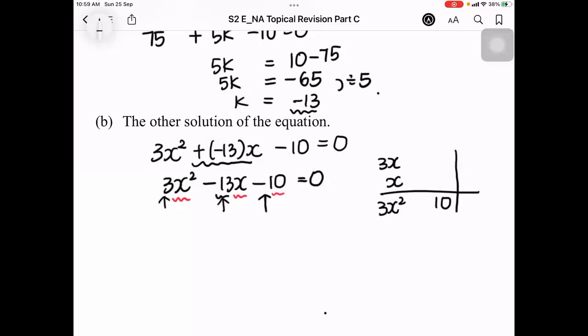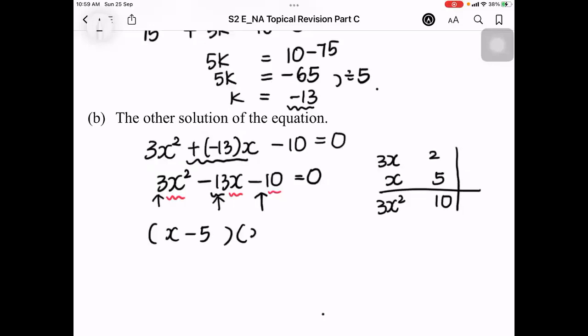Okay, my calculator gives me the number 5 on its own. The other one is 2 over 3. So I'll put 2. So 5 times 2. Let's try 3. They give me 5, and 5 is positive, so it will be x minus 5. The other one is negative, so it will be plus. So 3x plus 2.